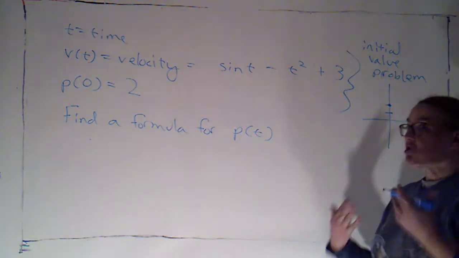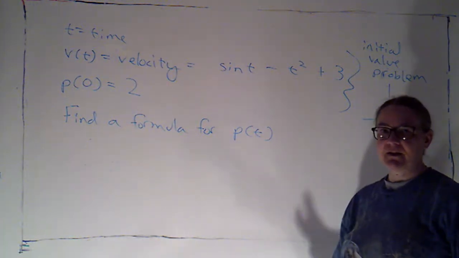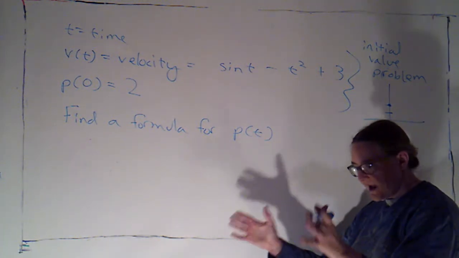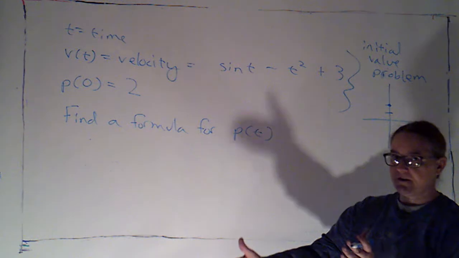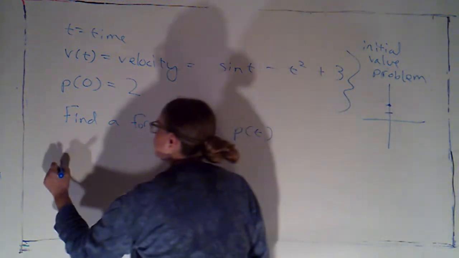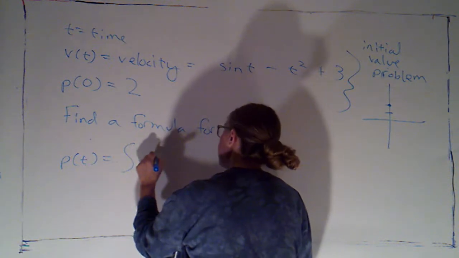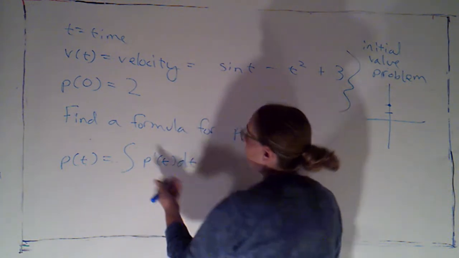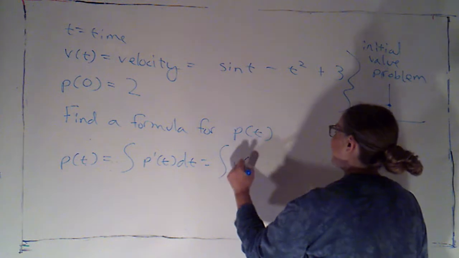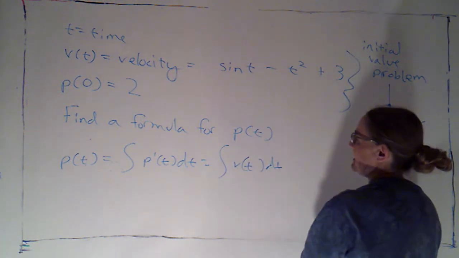Now, I start by finding the family, because I'm going to narrow it down to one of the functions in this family, and then I can figure out which one it is. So position as a function of time is going to be an antiderivative of the velocity function.